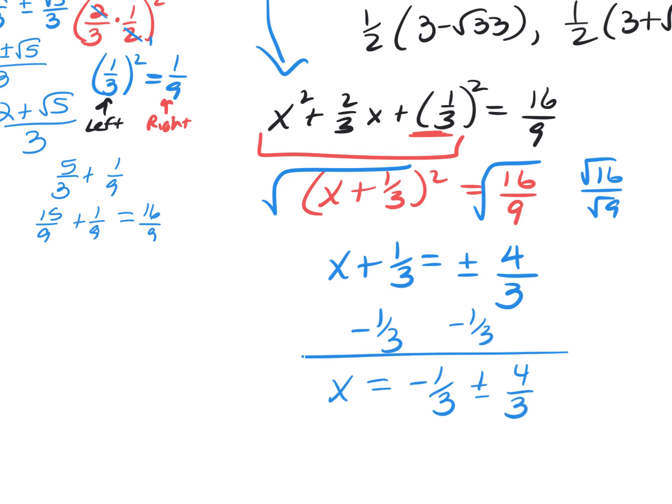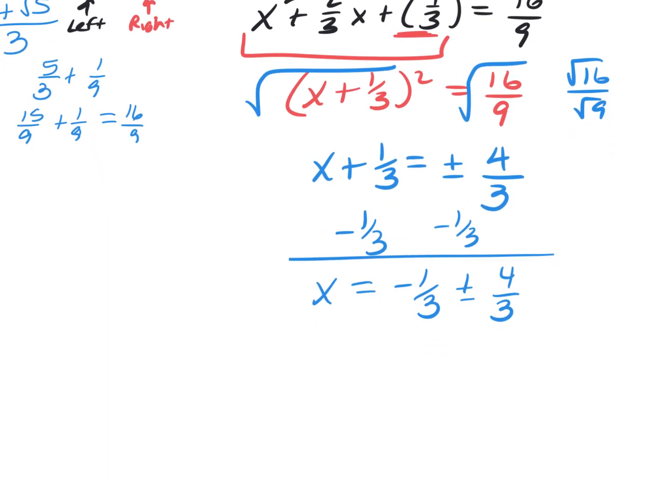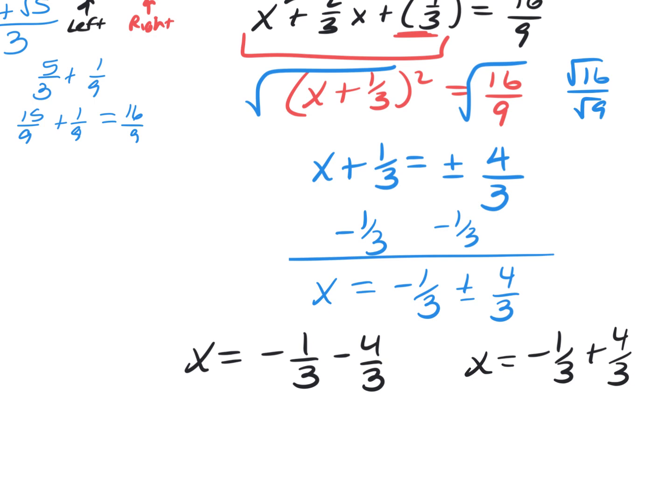Now, on the test, you can't leave it like this. You actually have to give me the two answers. Now, if it were a radical, you could leave it. But when the answer that's there was a perfect square, we actually have to do x equals negative 1/3 minus 4/3, and x equals negative 1/3 plus 4/3.